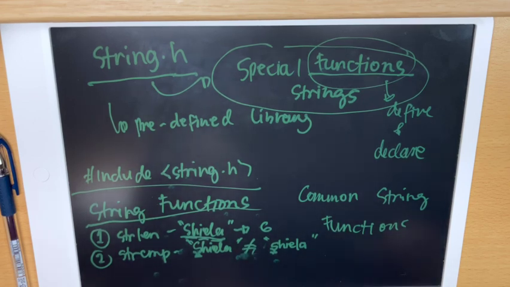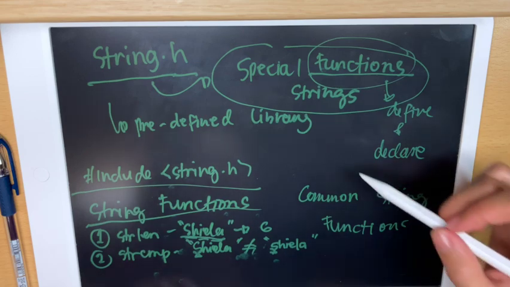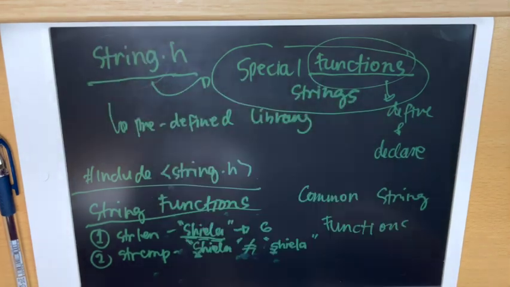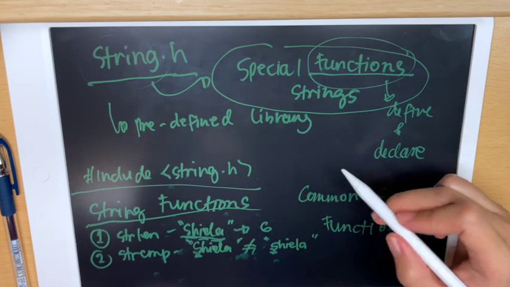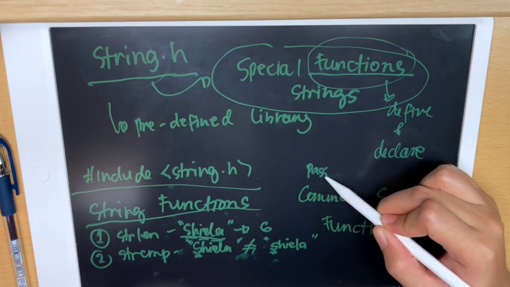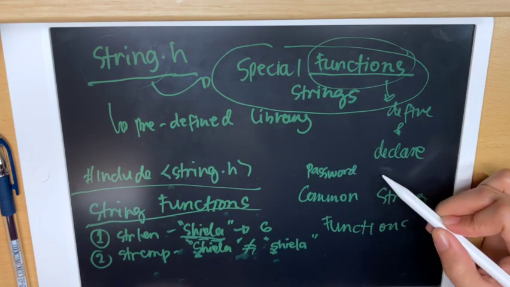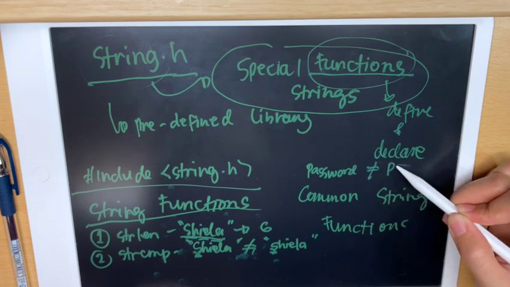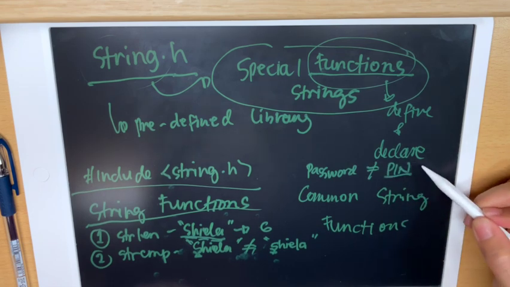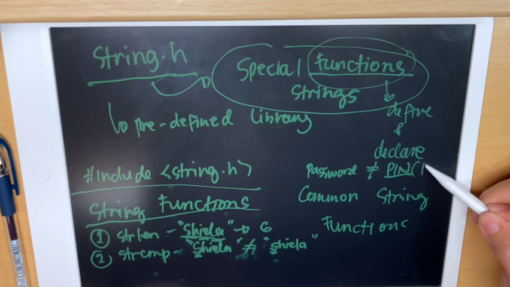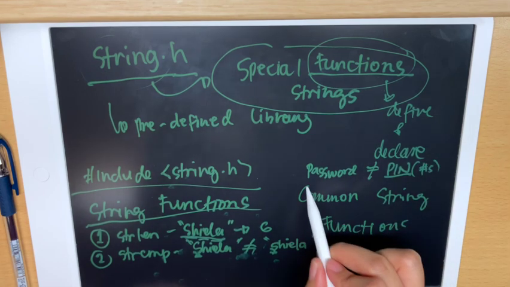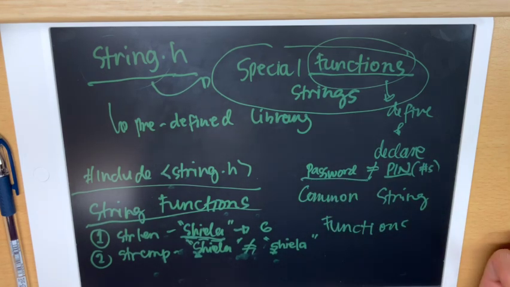So where can you see examples of string compare? Let's say you input a password, and that password is a string. A password is different from a PIN, right? A PIN is numbers, while a password is a combination of letters or characters.